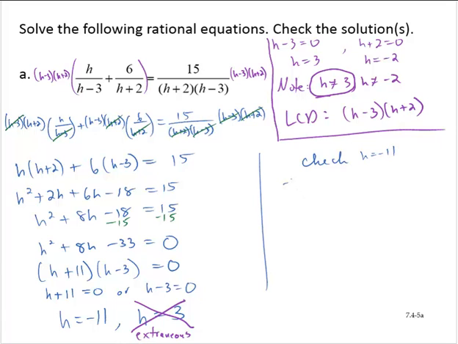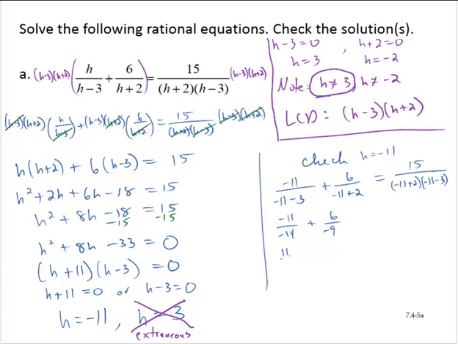Alright, so that would give us negative 11 over negative 11 minus 3 plus 6 over negative 11 plus 2 is equal to 15 over negative 11 plus 2 times negative 11 minus 3. So let's see, that's negative 11 over negative 14 plus 6 over negative 9.